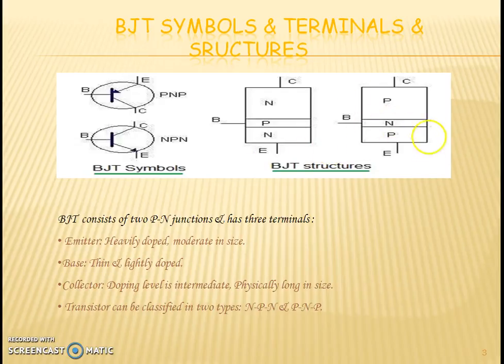These two types of transistors can be clearly seen from the figures, and we have also shown the symbols of both NPN and PNP transistors.